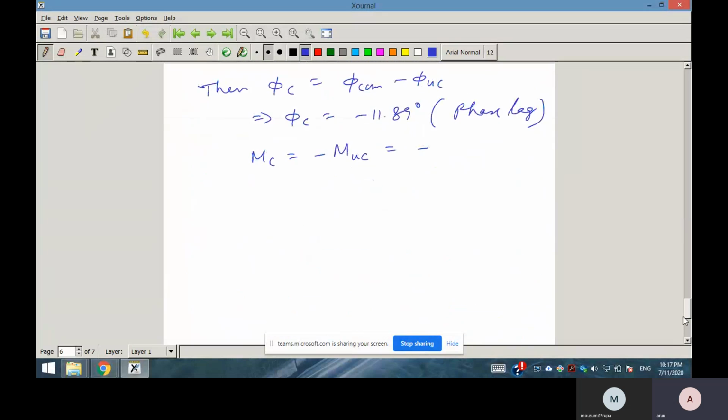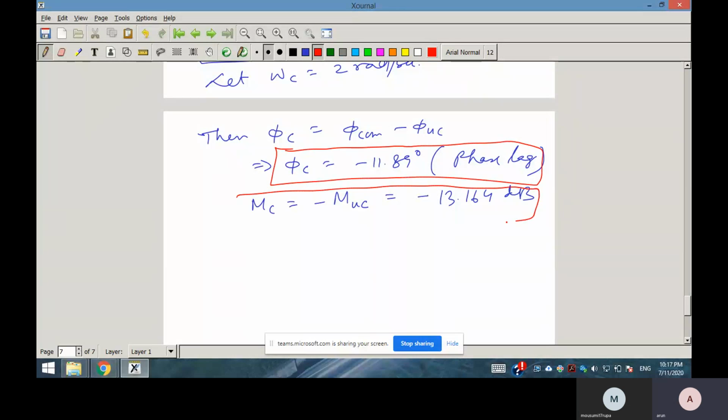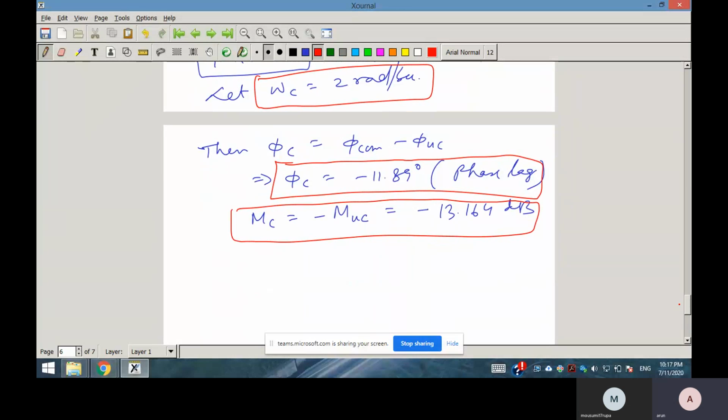So this will be minus 13.164 dB. So these are the data we need for lag controller design. Omega c is 2 radian per second, phi c is this, Mc is this. So then the controller you can easily design, which you have already discussed.